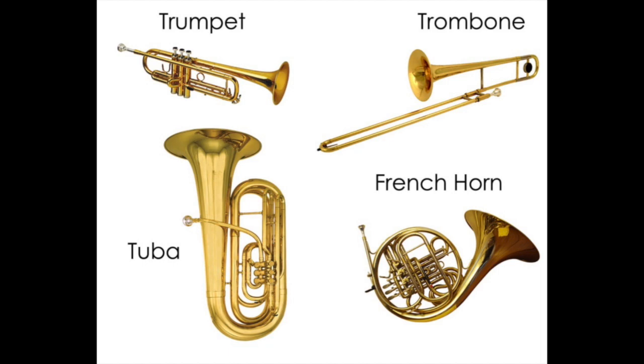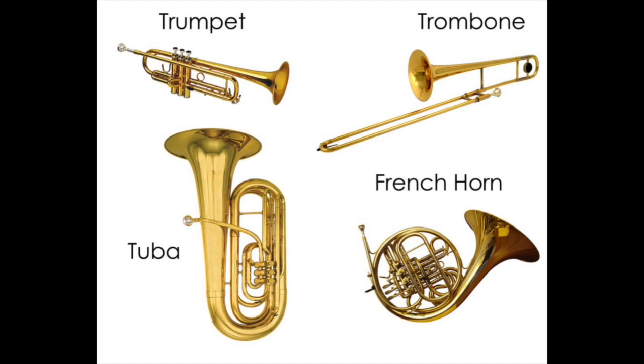They all have a bell shape at the end of the tube. And if you look closely, they all have a special mouthpiece that's made of a different metal inserted into the opposite end of the tube from the bell. But that's where the similarities stop.